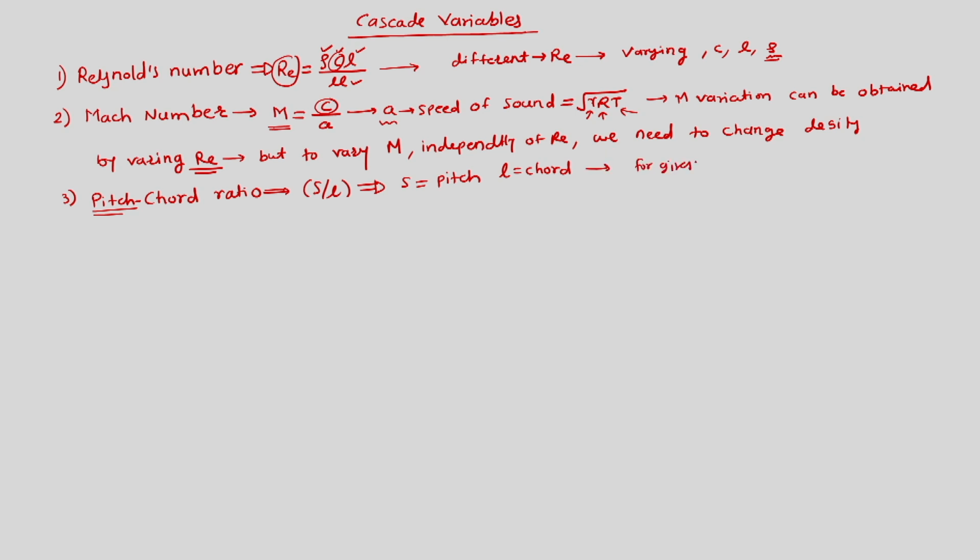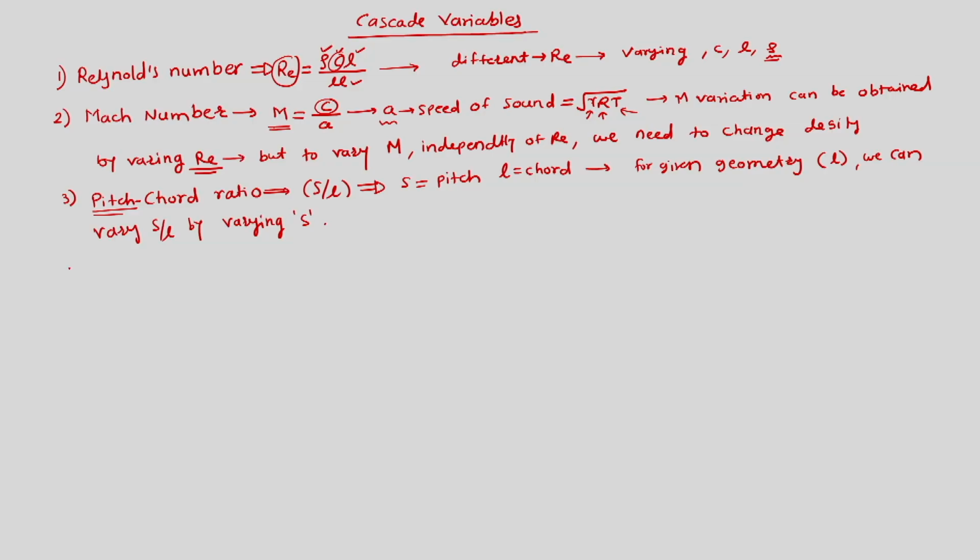For a given geometry, that is L, we can vary S by L by varying S. Here we can dismantle the cascade where we would have put multiple blades, and after dismantling we will reassemble the cascade by altering the spacing between the two blades. So, this is how we can vary the pitch to chord ratio.